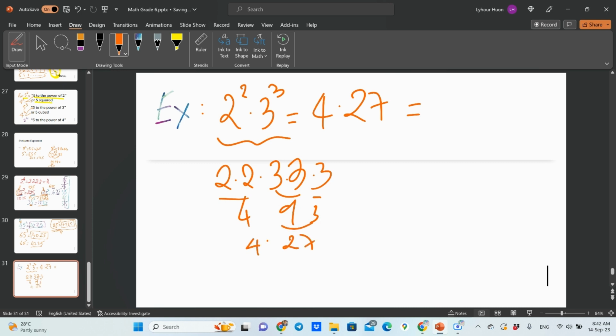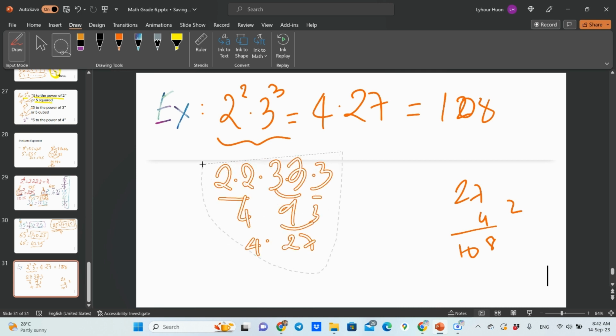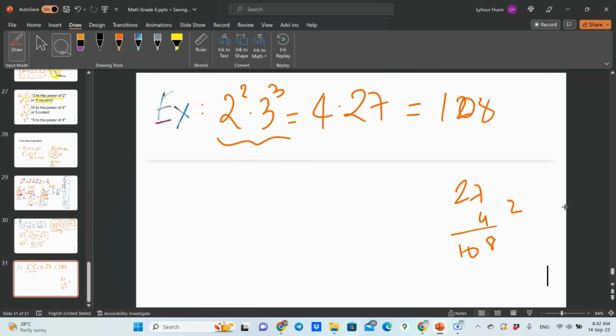So 4 times 27 is... 7, 14, 21, 28... 108. Yes, 108. Okay, so now you get the concept of exponents.